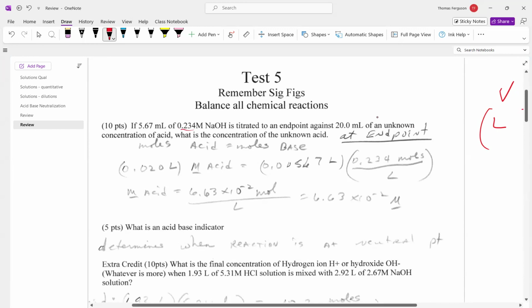Okay, so this is moles of base on the right, moles of acid on the left. What we don't know is the concentration of the acid. So we're going to solve for concentration, which is the same as dividing both sides by 0.02.